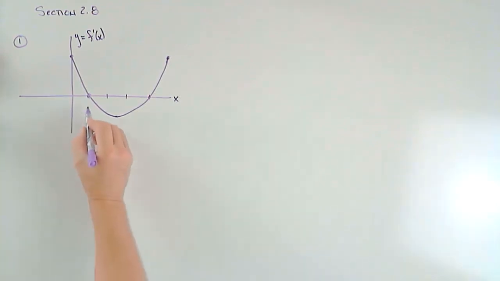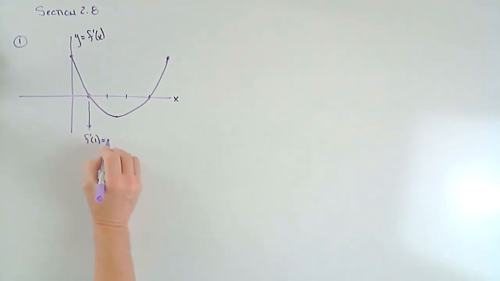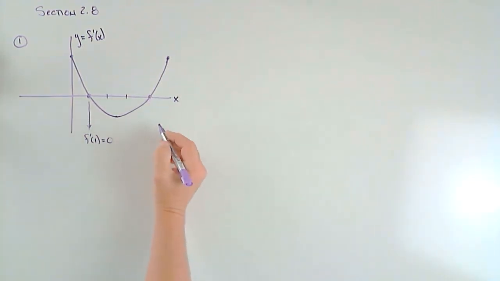That means f prime of 1 equals 0. Right here, our y value is 0. So that means f prime of 4 equals 0. Now they're going to ask us to draw our function. So we'll go through the problem step by step, and we'll see if we can handle each of the questions. And then those questions are going to lead us to being able to draw a graph of the function.